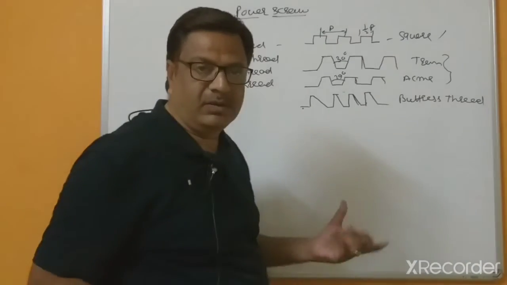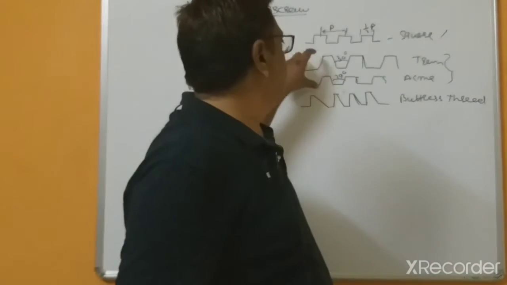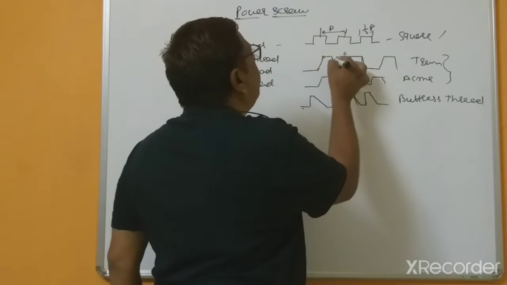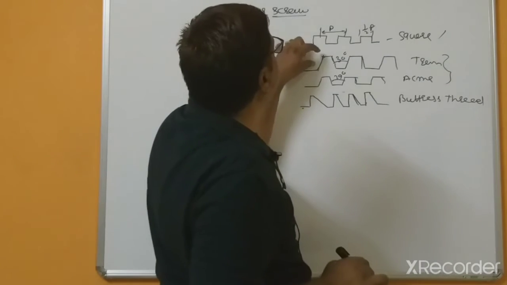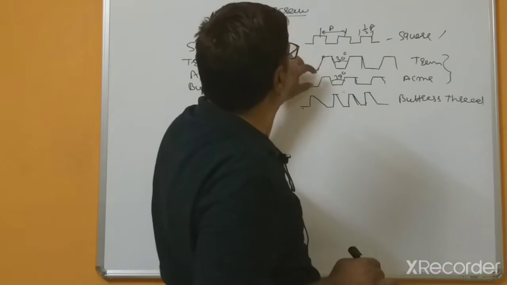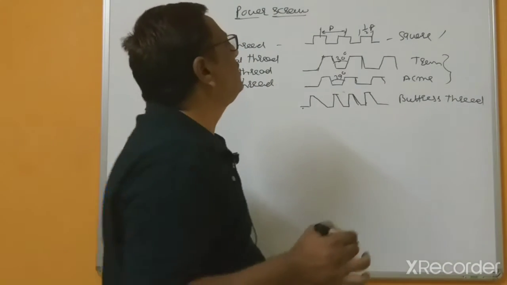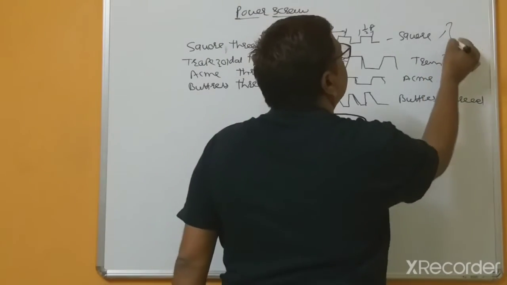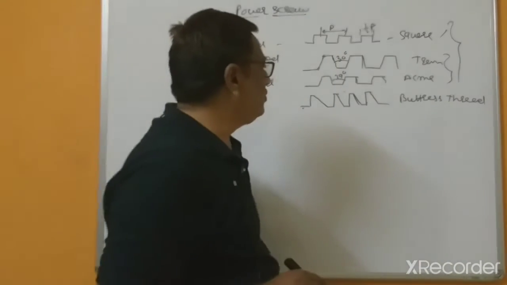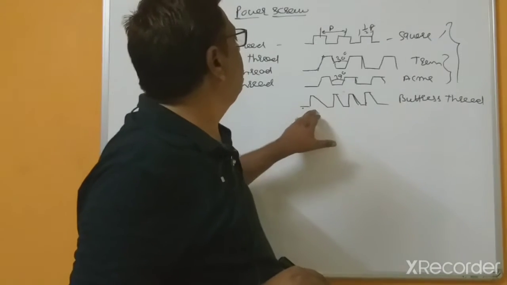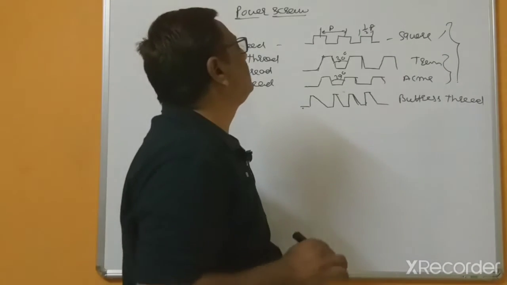Load carrying capacity means load lifting capacity, and this is more in Acme because the area is more as compared to the square thread. So what are the advantages that can be utilized by using such types of threads?